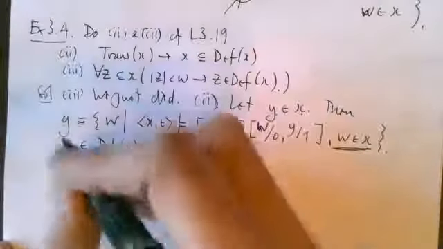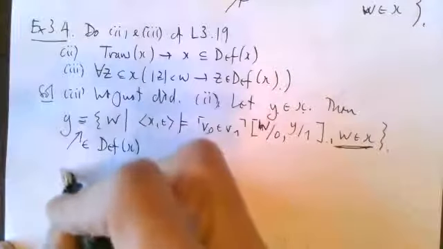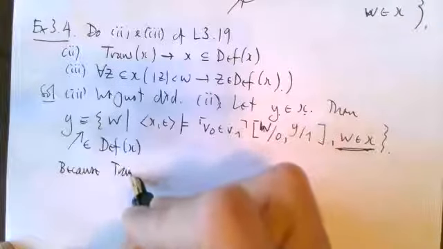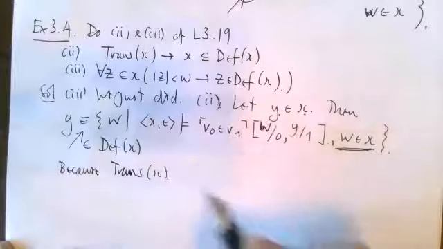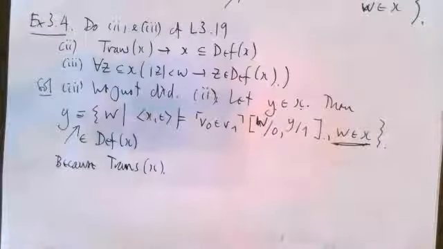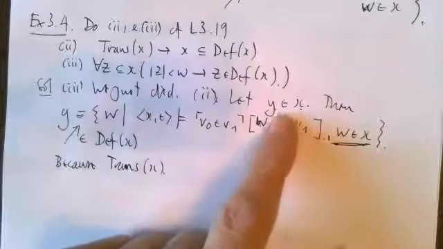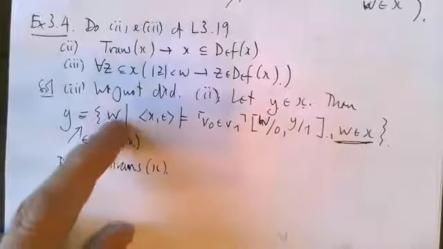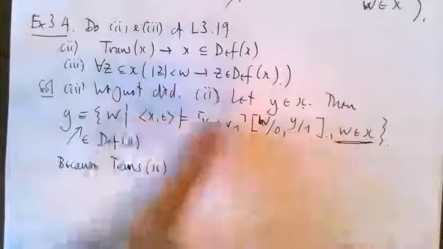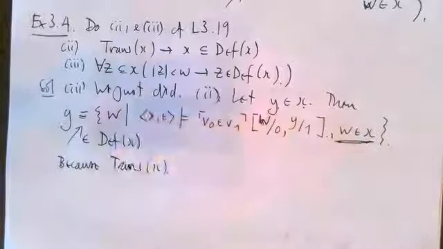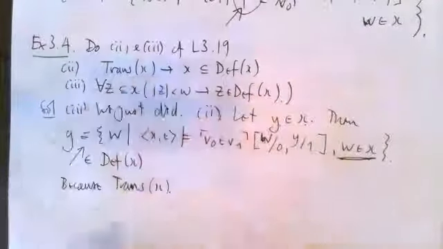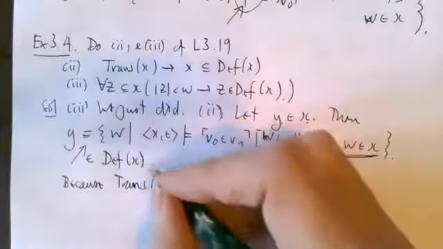So we have equality here because X is transitive. That's where we use the assumption that X is transitive. If X didn't contain all the elements of Y, it would only pick up a proper subset of them, and then this would just be a subset of Y, and not all of Y. So we need the assumption that X is transitive there.